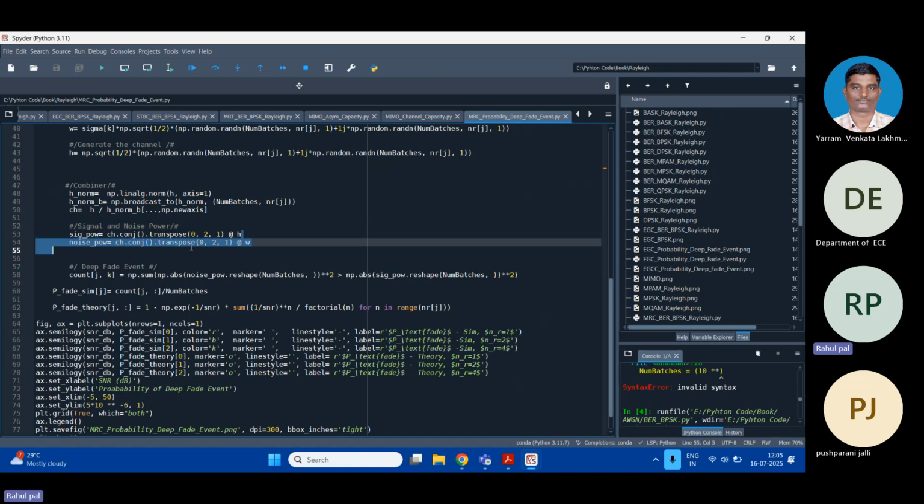And after that, this is the combined signal. Okay. And this is the noise power, because the combiner part is done on the noise also. And then after that, we have calculated the noise power and the signal power. And then we are calculating all those events where the signal power is less than the noise power. And then we have seen the number of events, then calculating the probability.